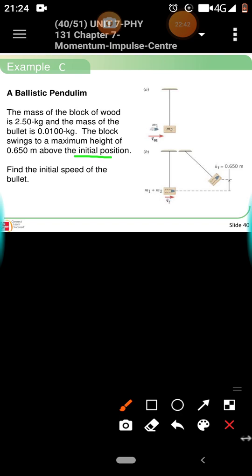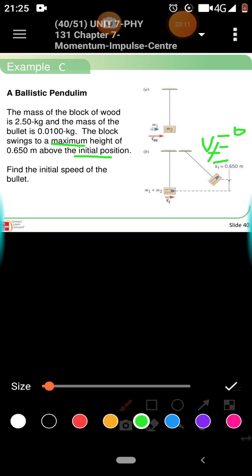So first of all, when they say maximum height, this means that it reached a height where it stopped swinging. So this would be the maximum height, where v final is 0. So there's no further movement up. So please take note of that. And then another thing to highlight here is that they set this position as a reference point.